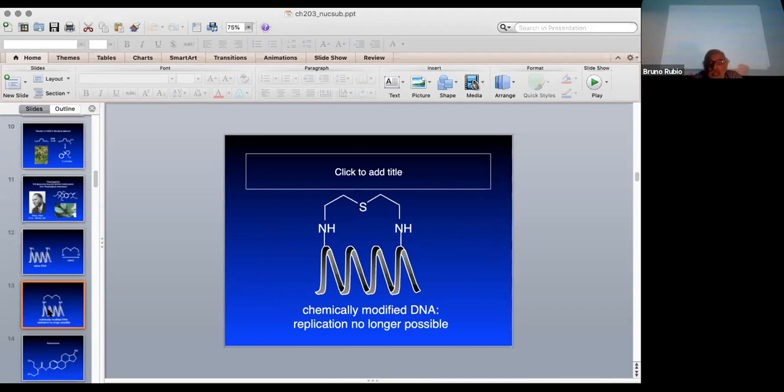And if that DNA is coding for some of the enzymes that are involved in metabolism, then, you know, within maybe about an hour or so, you're dead after having been subject to a mustard gas attack.